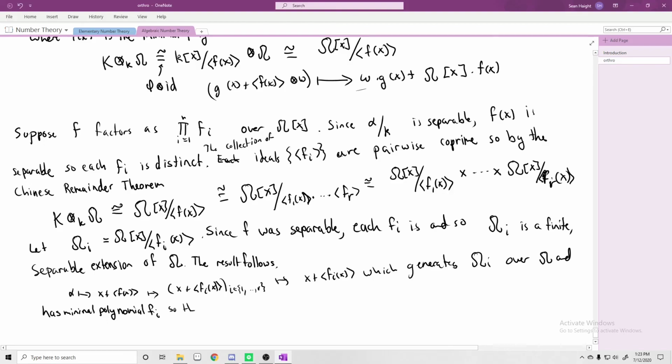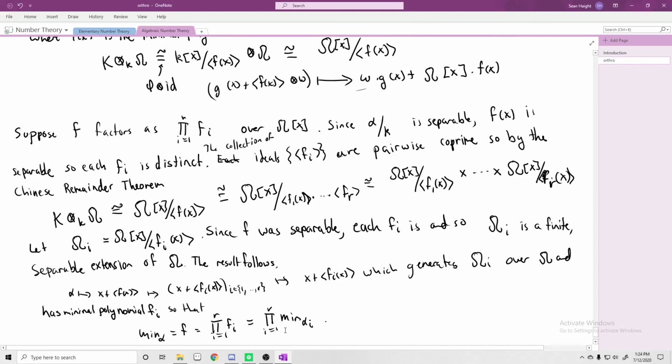So that f, which is the minimal polynomial of alpha, I guess maybe I want to do this carefully. So the minimal polynomial of alpha, which is f, which basically by definition factored as this over omega, which now we see is the product of the minimal polynomials of these alpha i's over omega.